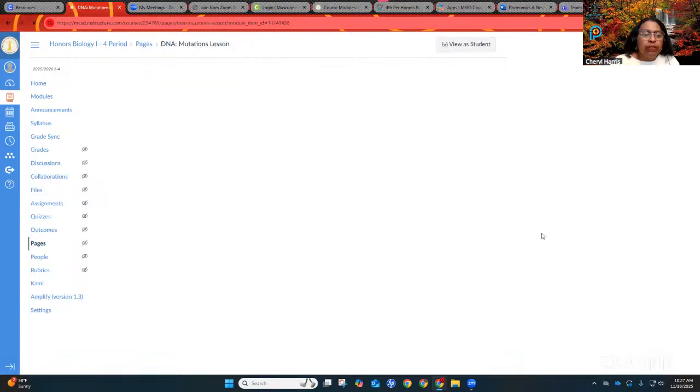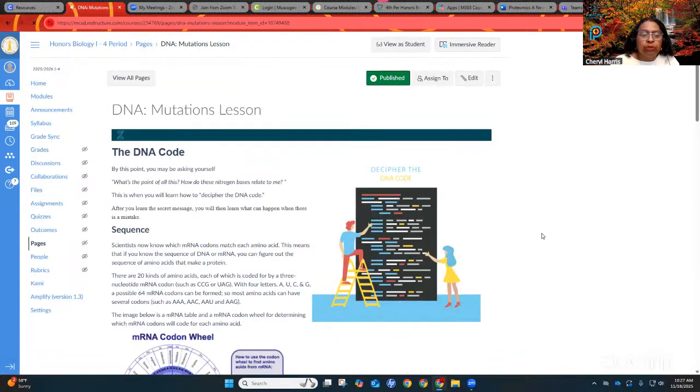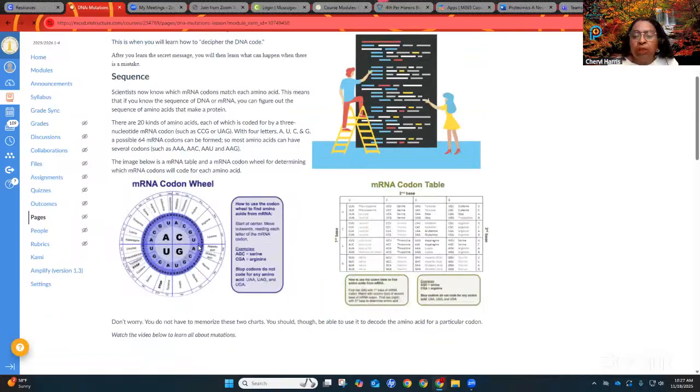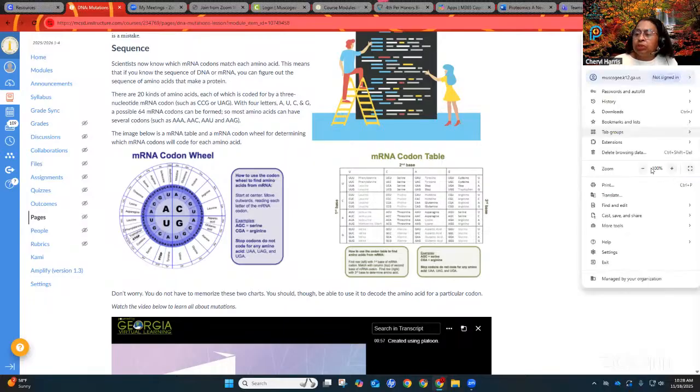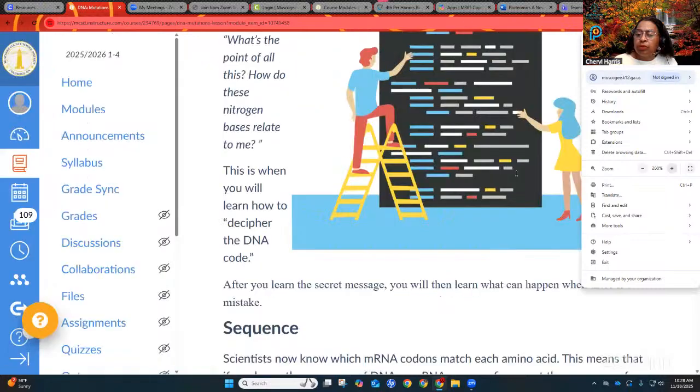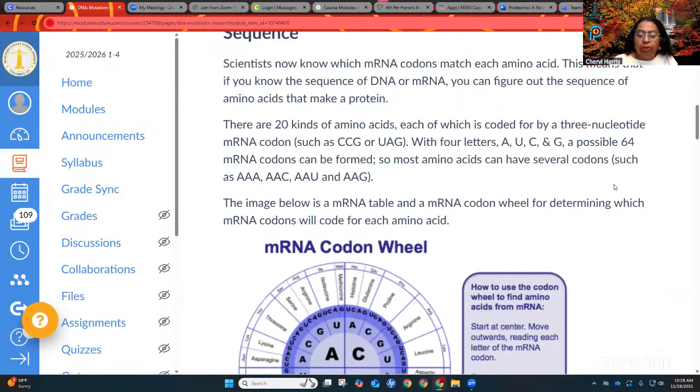So again, today we're going to use this chart. And the neat thing about this chart in your lesson is they have spelled out all the names of the amino acids for you. Let me make mine a little bigger first. Okay.